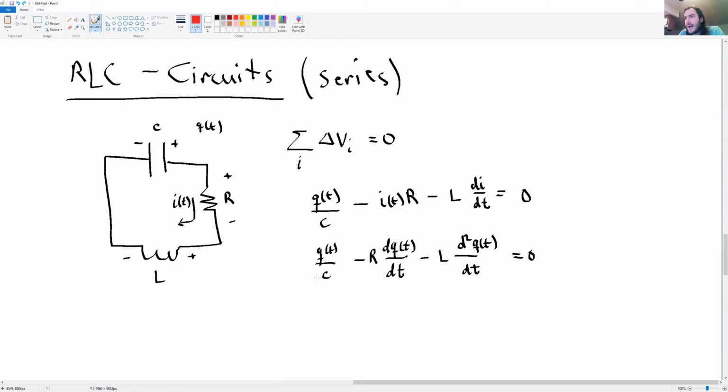If we just had this term and this term, it would be a sine or a cosine. But since we have all three of these terms, there's a chance that it's a combination of an exponential and a trig function. And what do I mean by combination? I mean multiplication of those two things. Okay, so that happens to be the case in this situation.